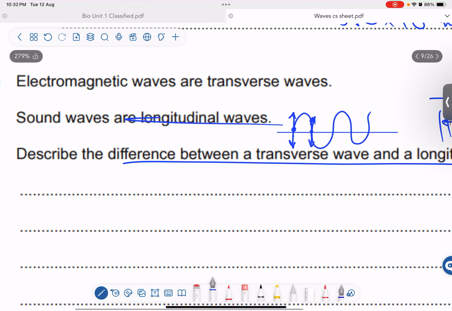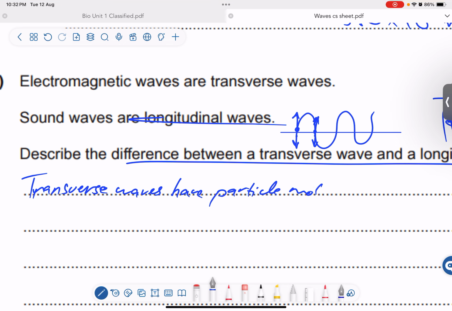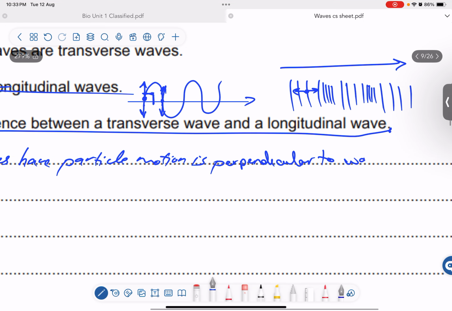You're going to say that transverse waves have particle motion that is perpendicular. As you see, this is the wave direction, so the particle motion is perpendicular to wave direction.